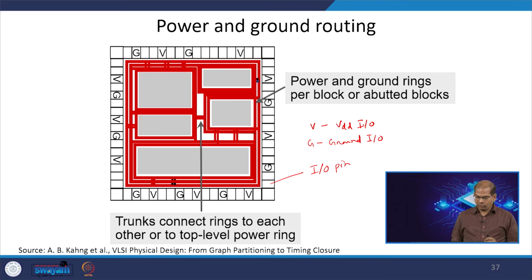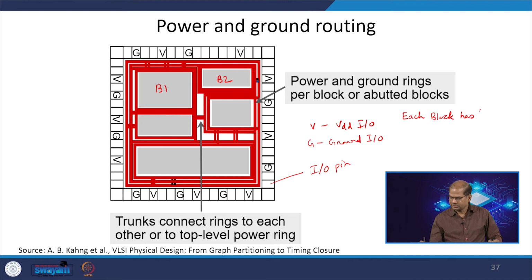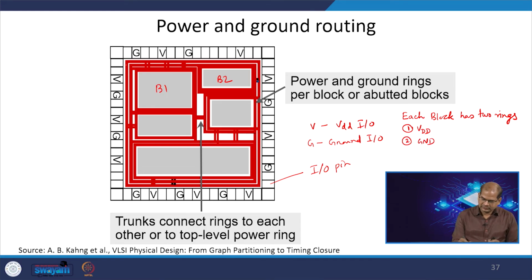Then each of the blocks has two rings. Let us say this is block 1, this is block 2; each block has two rings. One is VDD, one is ground. Now, the chip has two rings as well. So, this is VDD, let us say, and the other one is the ground.